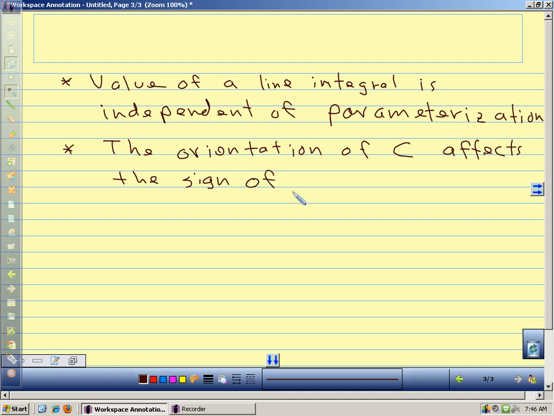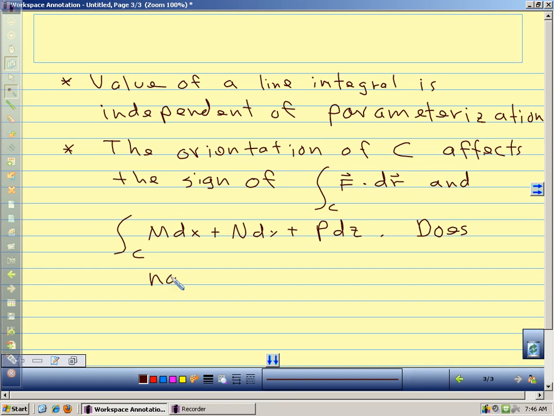So it affects the sign of the integral of F dot dr, and by extension, it would affect the sign of the integral of our differential form, M dx plus N dy plus P dz. The orientation does not change the integral of our scalar field.